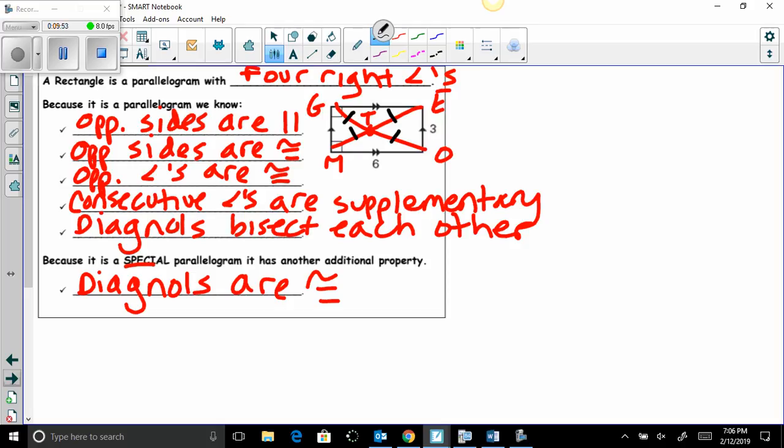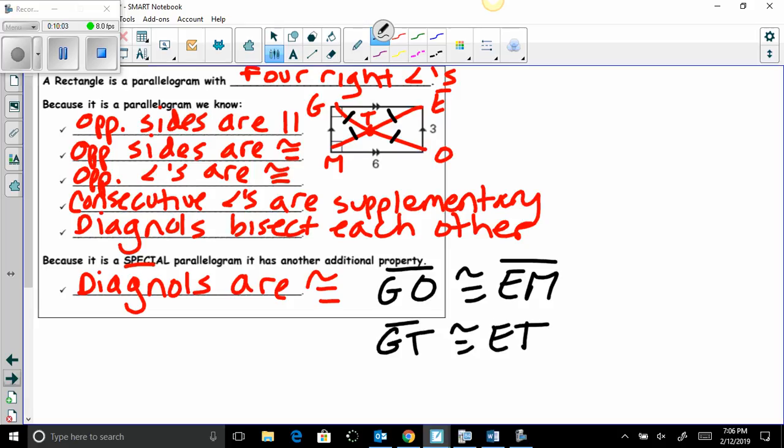So GO is congruent to EM, diagonals are congruent, but also each part, GT is congruent to ET, which is congruent to OT, which is congruent to MT. Okay, let's look at some practice problems with that.